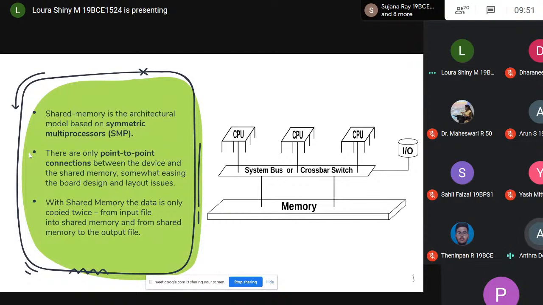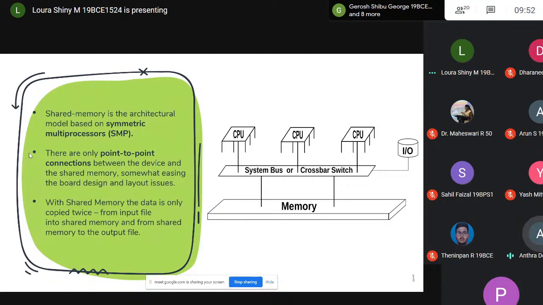If you look at the picture, a fast interconnection network, which is the high-speed bus or the cross-bus switch, allows any processor to access any part of the memory in parallel. Because of this, each interface can run at full bandwidth at all times, so overall fabric bandwidth is really high. Shared memory architecture is based on symmetric multiprocessors.